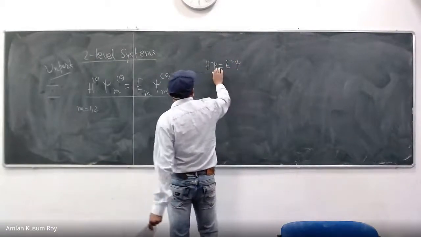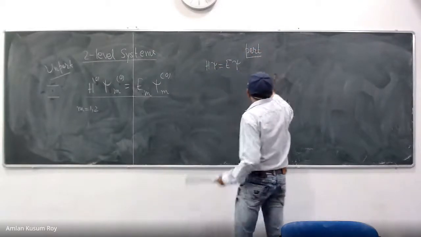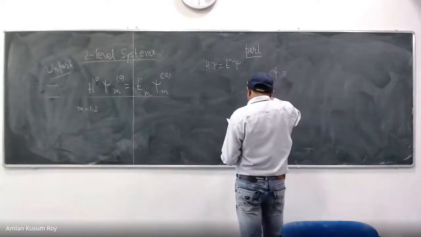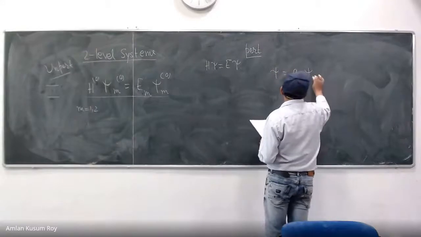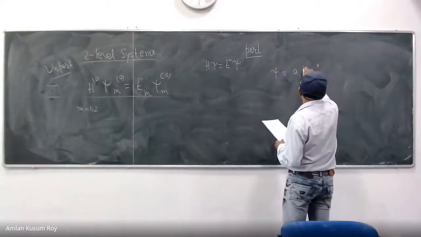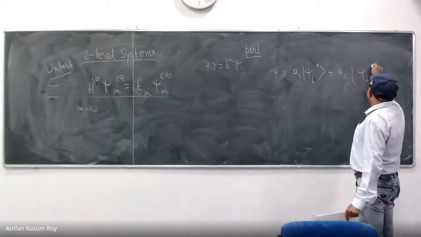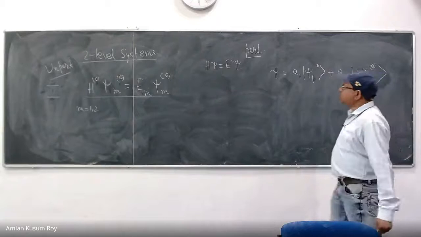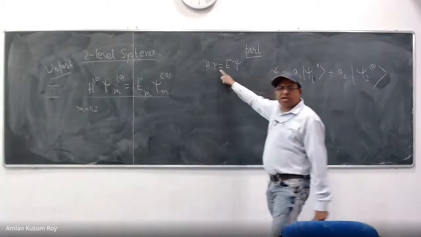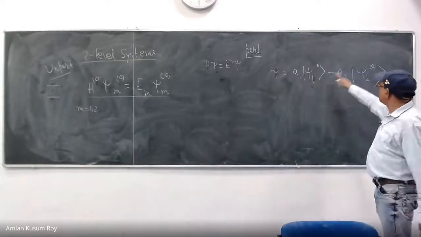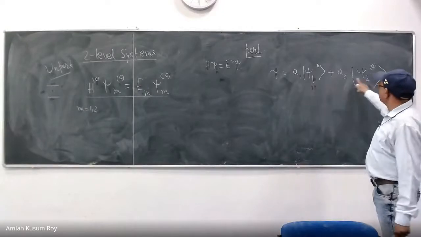So this is my perturbed system, right? So I want to write psi. Remember, in the Rayleigh-Schrödinger perturbation theory, we actually used a thing like this. I am writing the wave function as a linear combination of the unperturbed states psi 1 0 and psi 2 0.